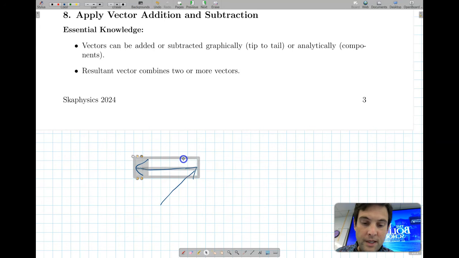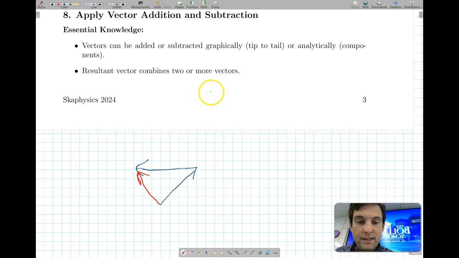I'm going to move vector B's tail to the tip of vector A. Then my resultant, or the result that I get when I add these two, is going to be up and to the left. That's how I would add it graphically.